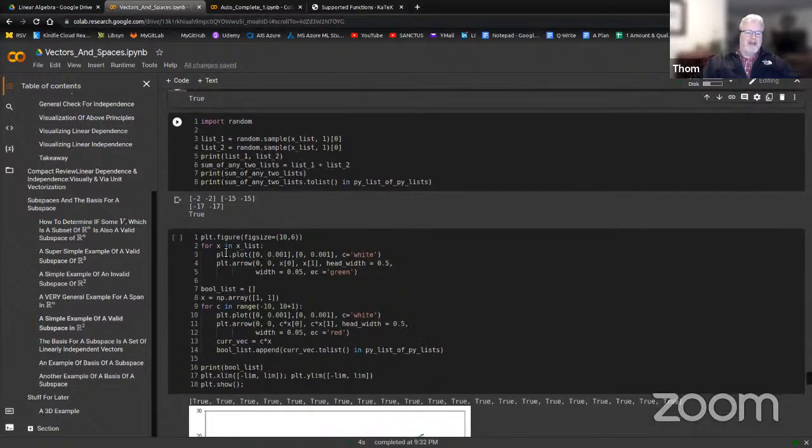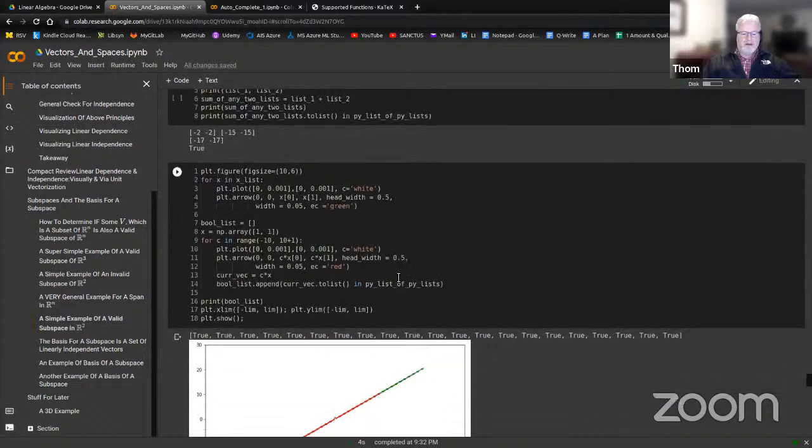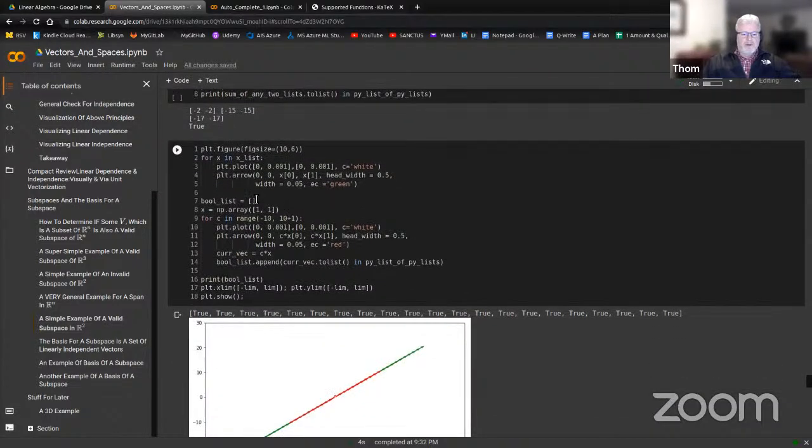Any 2 that I can add up. Again, I'm cheating because I did the addition before the multiplication. And then I said, okay, I'm going to create this Boolean list, and I'm going to see, is my current vector defined by this inside my list of vectors? And sure enough, it's always true.